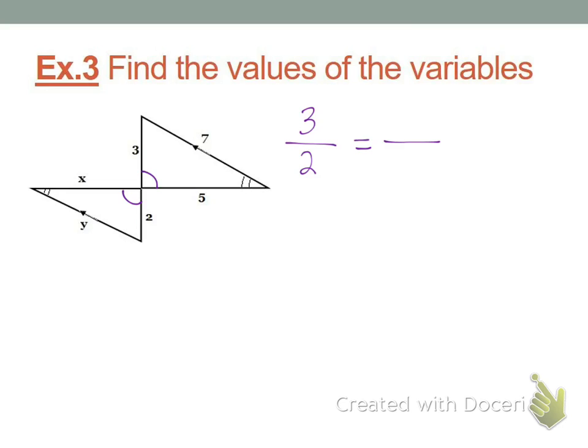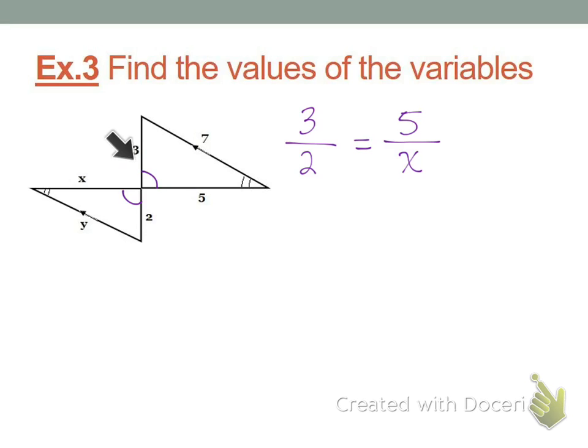All right, so 3 over 2, we know both of those. Give me another one you want to compare. Okay, we could do 5 over x. Could we do x over 5? No. Why not? Okay, so that would mismatch our ratios. It's not being consistent.